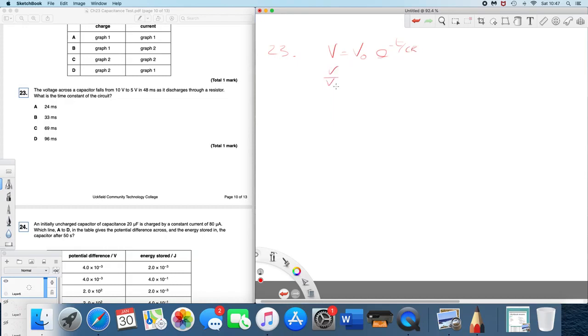V over V naught is e to the minus t over CR. V over V naught then, of course, is a half, e to the minus t, which we said was 48 times 10 to the minus 3 over CR. Do your logs, out drops CR, 69 milliseconds.